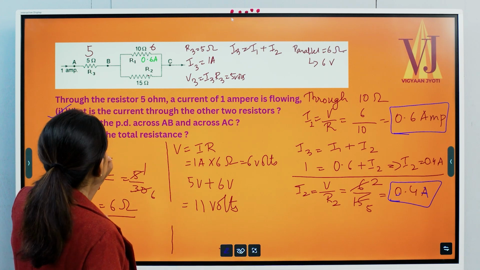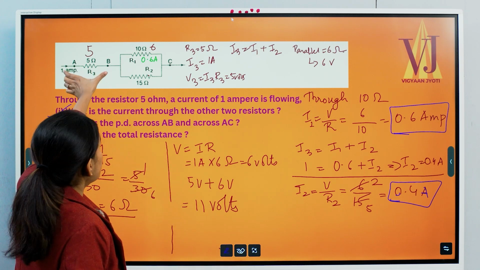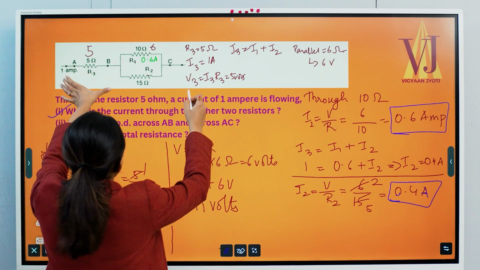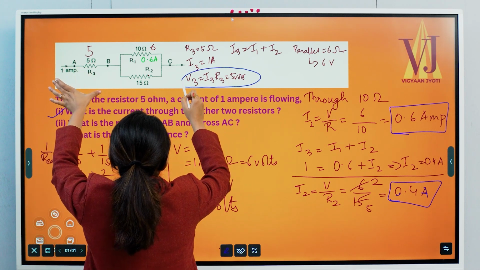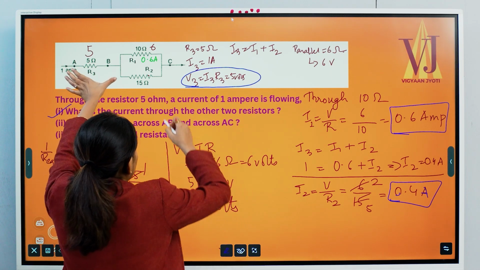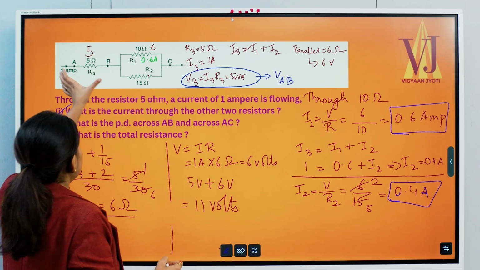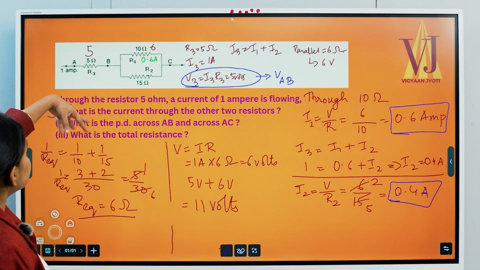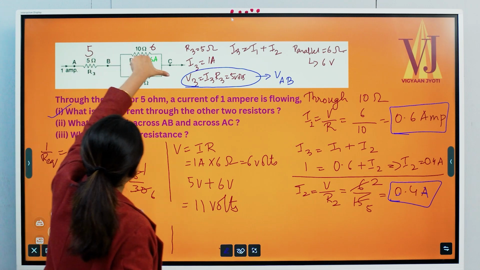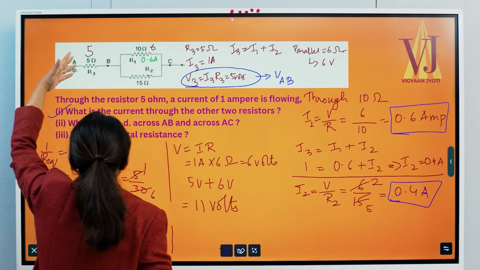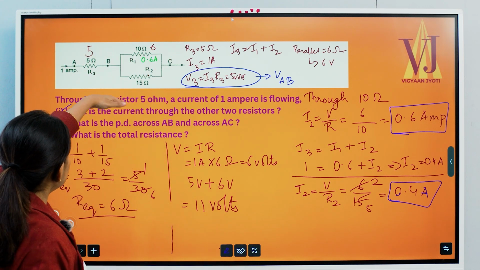What is the potential difference across AB? So across my AB is this potential difference, V3, because after all this is only my VAB. Clear? Next, what is the potential difference across AC? Now, what is the total resistance of the circuit?